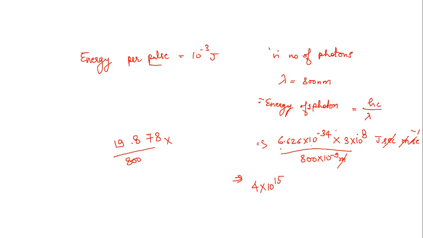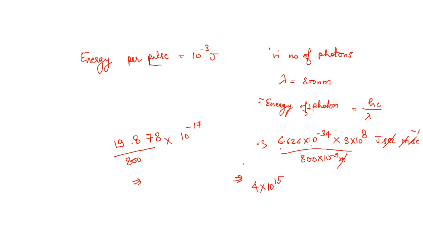And if you solve these powers, 10 to the power minus 26 plus 9 comes to be 10 to the power minus 17, right?